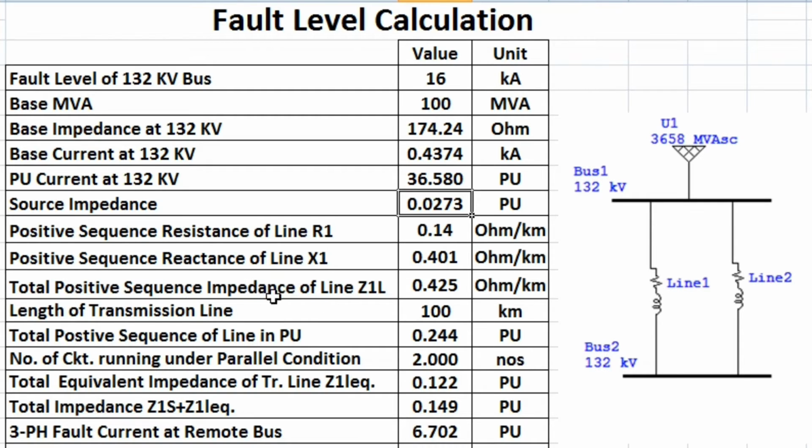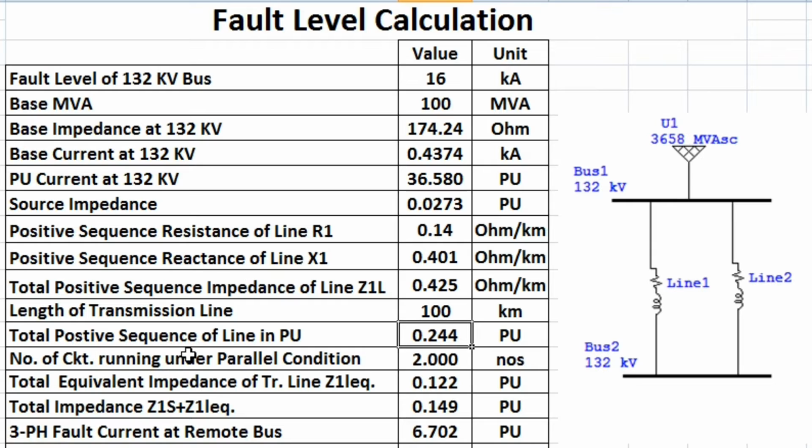So the total positive sequence impedance of the line, that is Z1L, is equal to the root of R1 square plus X1 square, that is 0.425 ohm per kilometer, and the length of the transmission line is 100 kilometer.